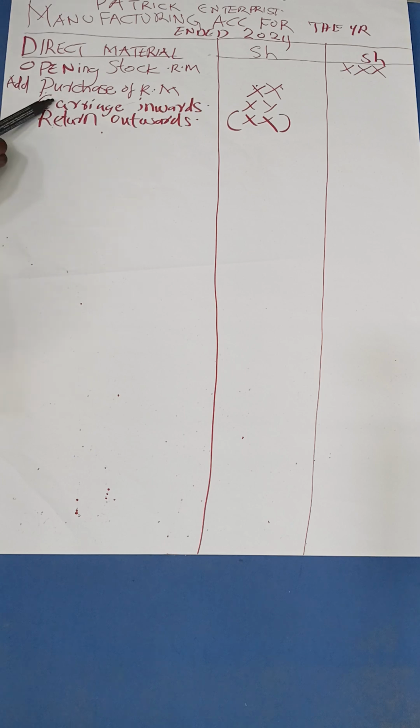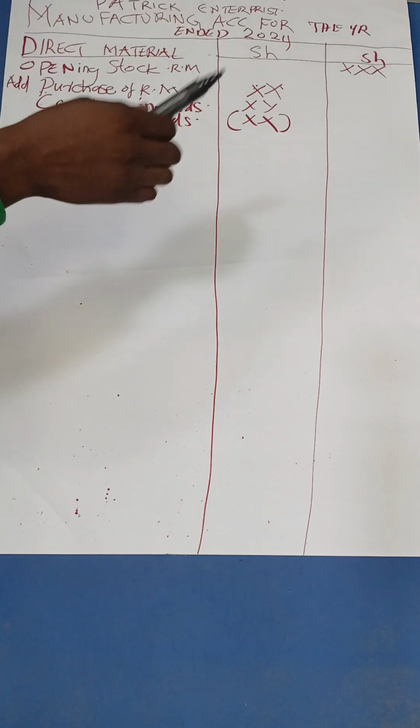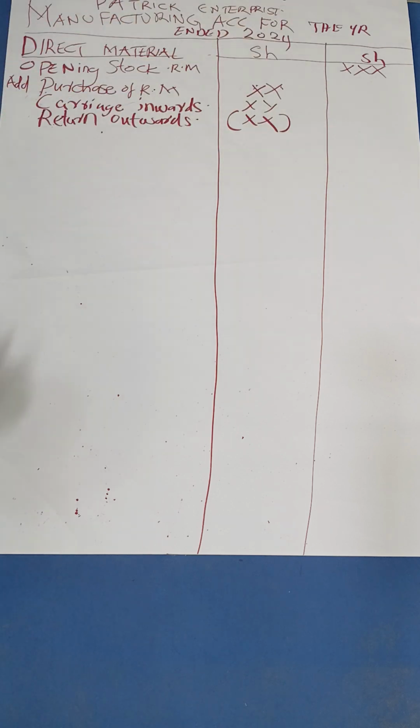No. Because maybe you have not incurred carriage inwards expense. The same thing applies to return outwards. Maybe you have come with the raw materials and they satisfy you. They are what you wanted. So there will be no return outwards. So that's why I always say when you look in an exam, these two, if you don't see them, just proceed. If you have the purchases of raw material, add them directly to the opening stock and get the cost of closing stock of raw material.